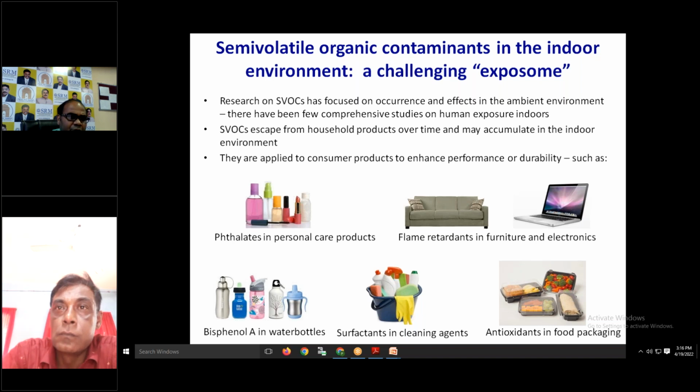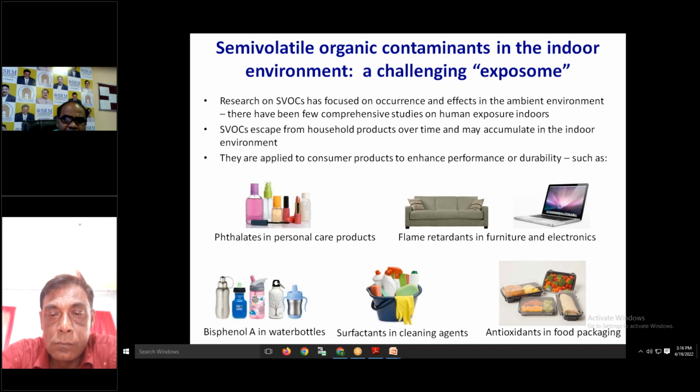Okay, and as you can see here, they are applied to consumer products to enhance performance or durability, right? Sometimes what happened, some kind of exposomics people are using, the vendors are using in the consumer products. Why are they using them?